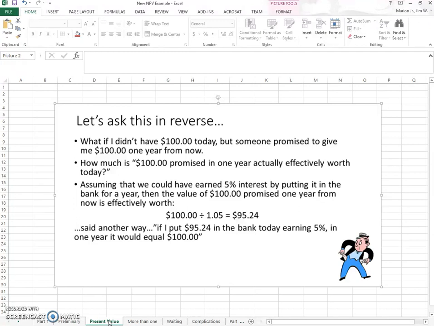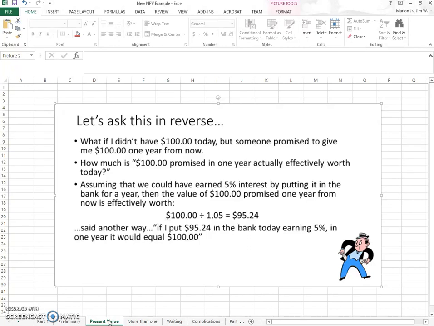So that means using a discount rate, in this case the interest rate, it's often referred to as the discount rate because you're factoring in reverse. Using a discount rate of 5%, $100 a year from now is worth $95.24 today. That's the present value of $100 given to you in the future.